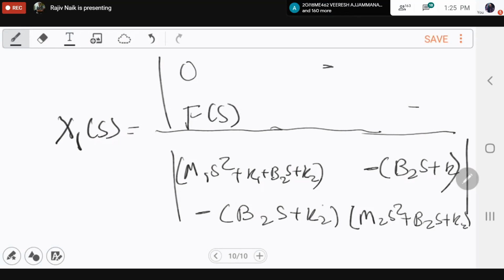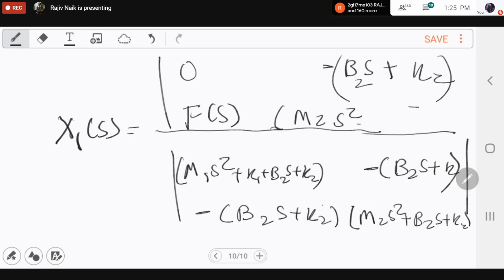The coefficient of x2 in the first equation is minus b2s plus k2. And the coefficient of x2 in the second equation is m2s square plus b2s plus k2. This is how the determinant looks.